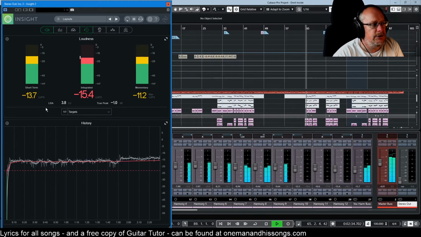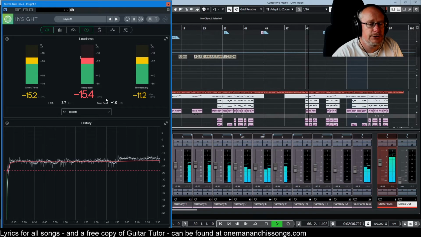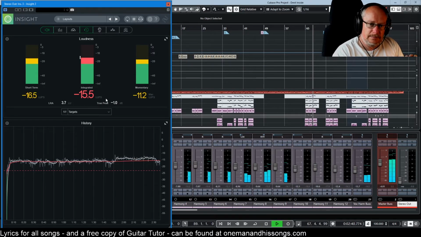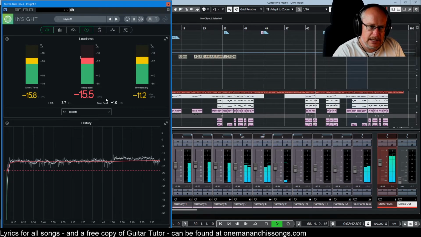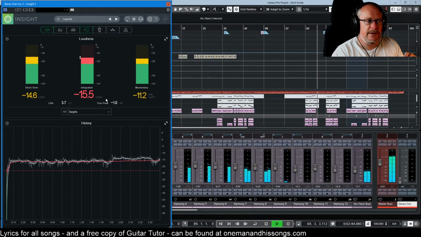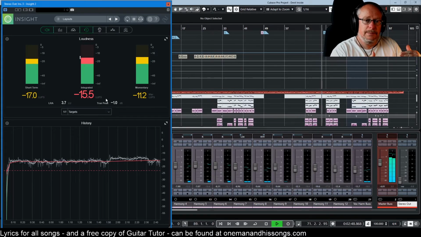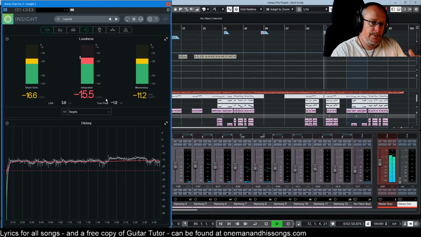One final thing I'll mention, because we're looking at this graph here, true peak. This is quite a mathsy concept, but what we're talking about here is this absolute hard limit of 0 dB that you must never go over.